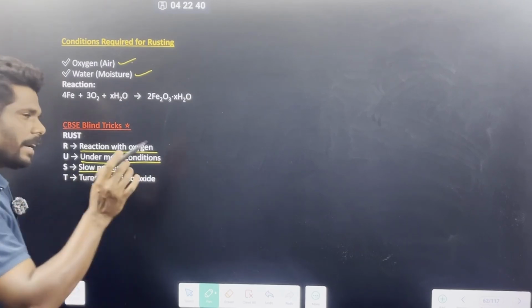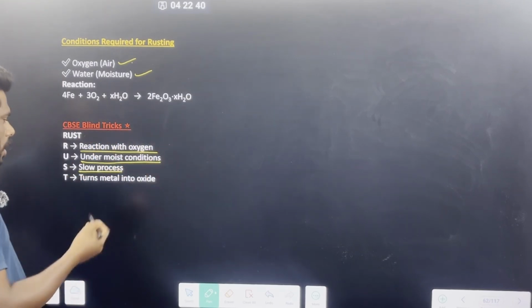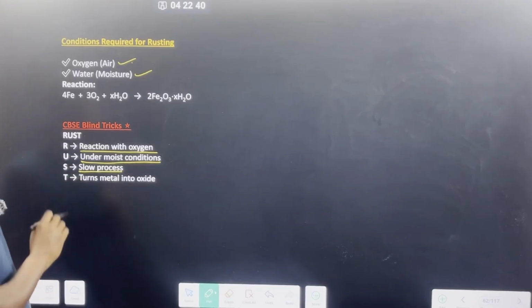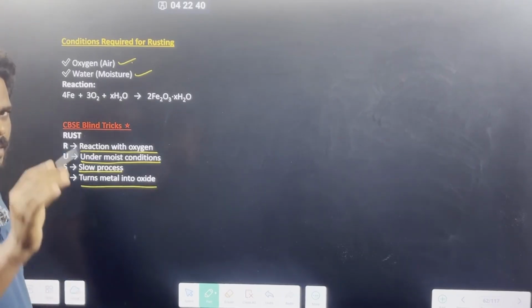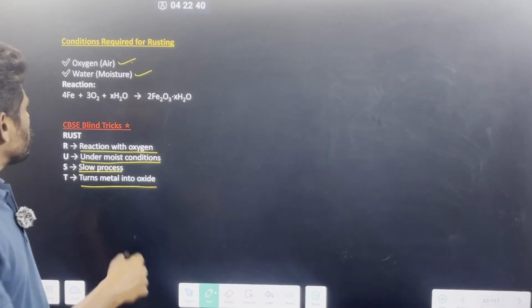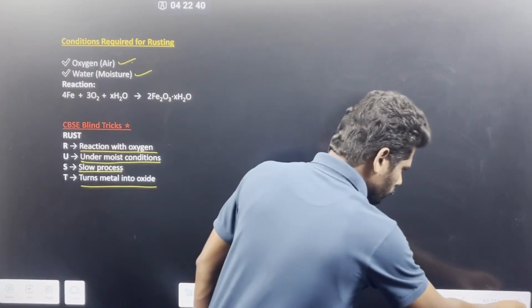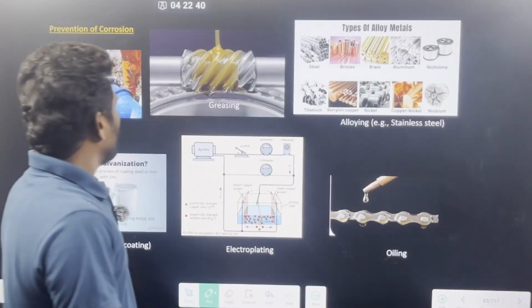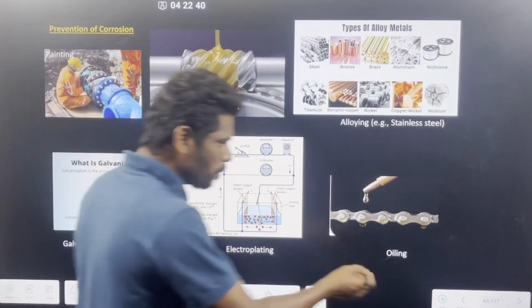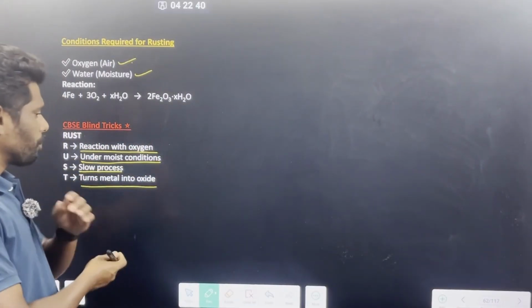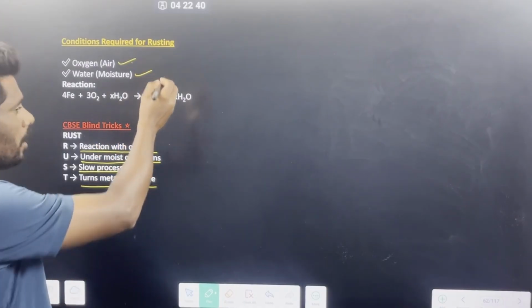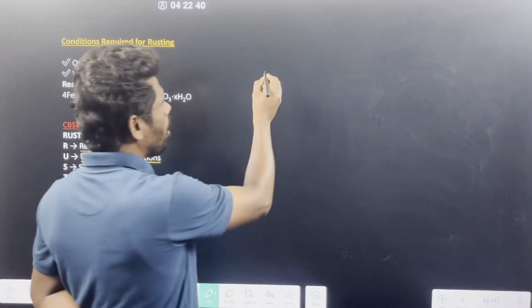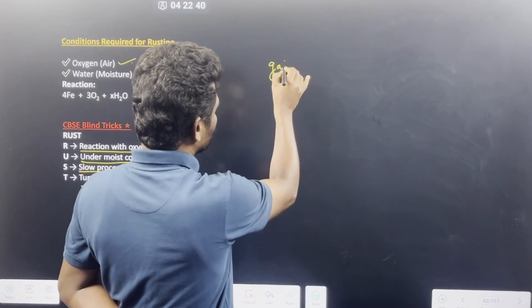Of course, it will not happen rapidly. It's a slow process that turns the metal into oxide. So see here, how to avoid that? Before we talk about how to prevent rusting, let's see the question of galvanization.